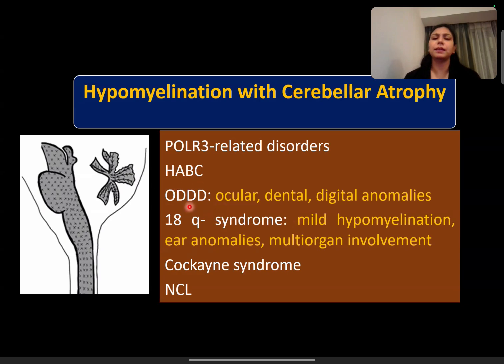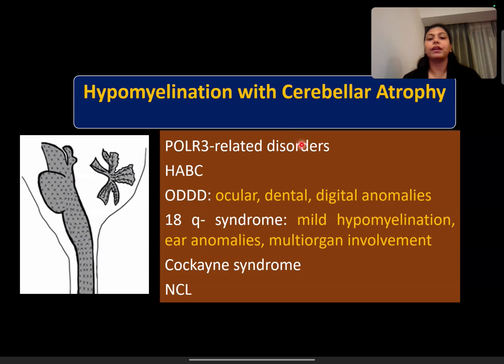And then there's a very rare disorder which is known as ODD, which is actually oculodentodigital dysplasia. In this, in addition to the hypomyelination, we can see certain dental abnormalities. There can be digital abnormalities and ocular abnormalities. So in these cases, clinical clues provide the diagnosis in addition to hypomyelination. And there can be certain other features like cerebellar atrophy as well as calcifications in these cases.